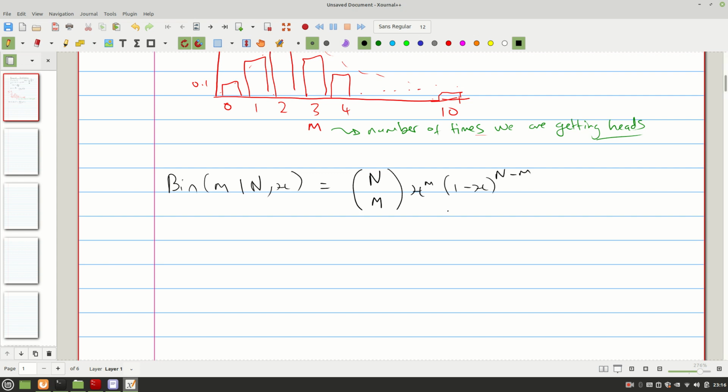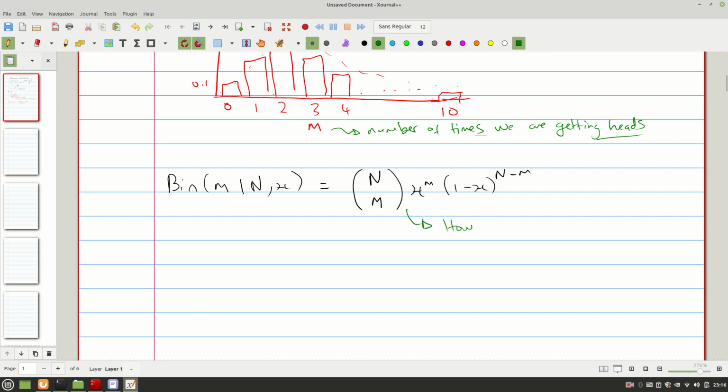We're already familiar with this from the Bernoulli distribution, so there's no need to explain that. But we say n choose m here to indicate something important.